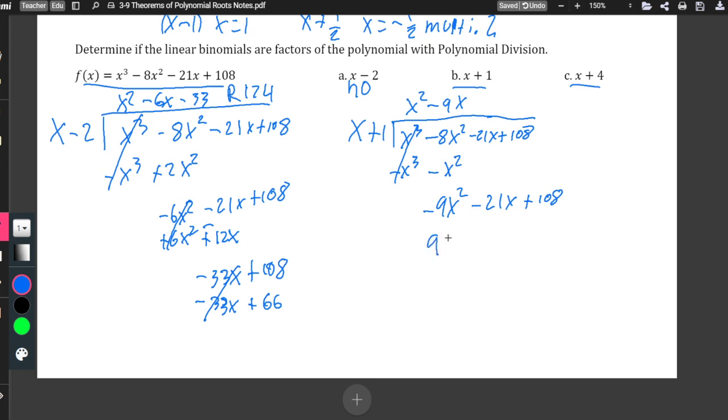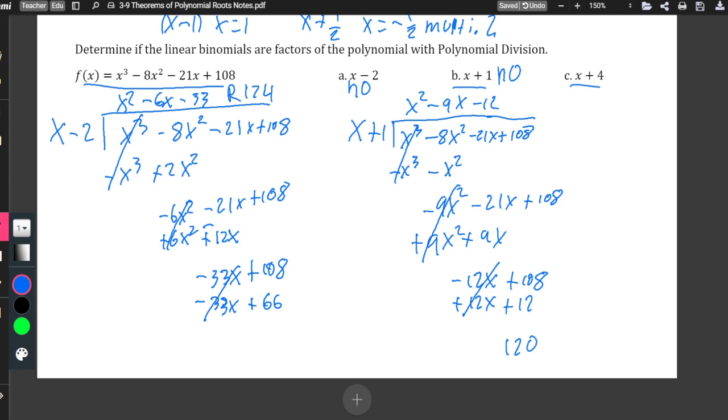We'll have a negative 9x minus 9x. Flip our signs. First ones cancel. That should be 12x. Negative 12x plus 108. Might be able to guess already that no, this will not cancel. Let me flip our signs. It is also not a factor, because we'll have a remainder of 120.